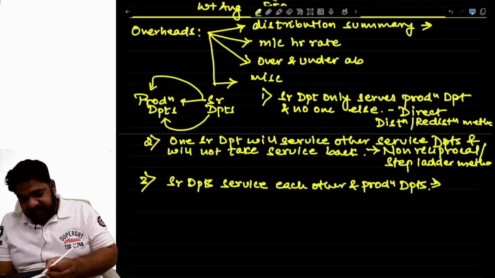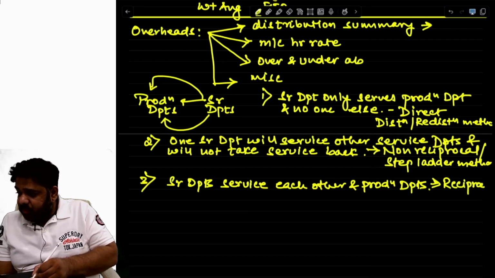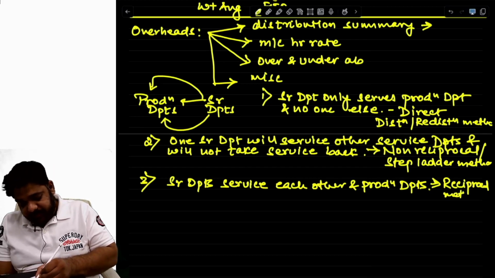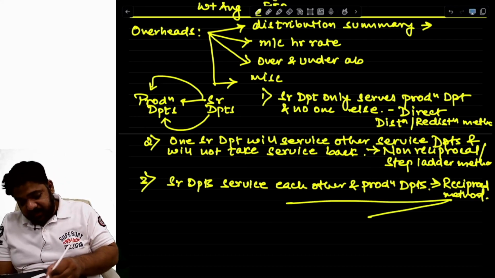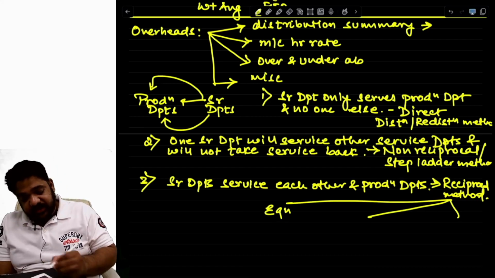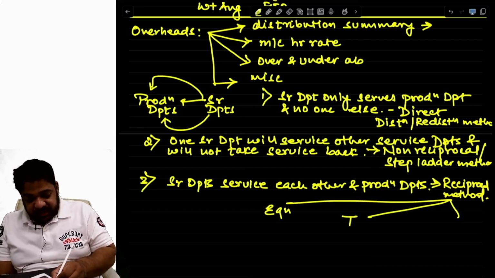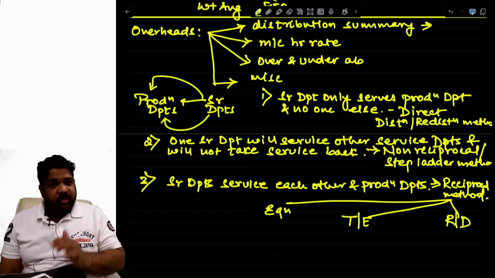Since there is give and take, this method is called the reciprocal method. And under the reciprocal method, you have three methods. You have the simultaneous equation method, the trial and error method, and the repeated distribution method.